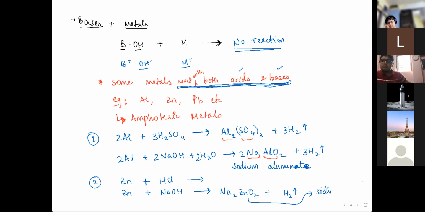With aluminium it's aluminate, with zinc it's zincate. So you should be able to write its products. So ZnCl2. Balance it. In this case, 2 NaOH, Zn, and H2, O2, H2 and O2. Yes, balanced.